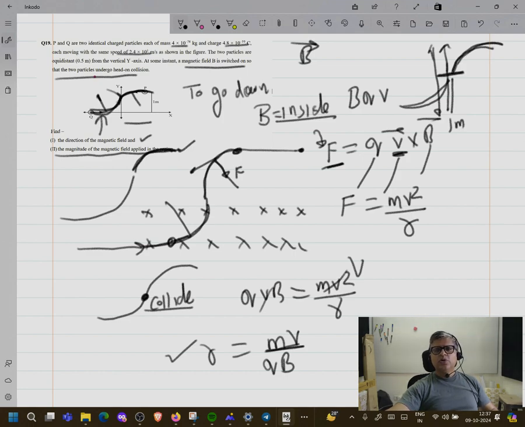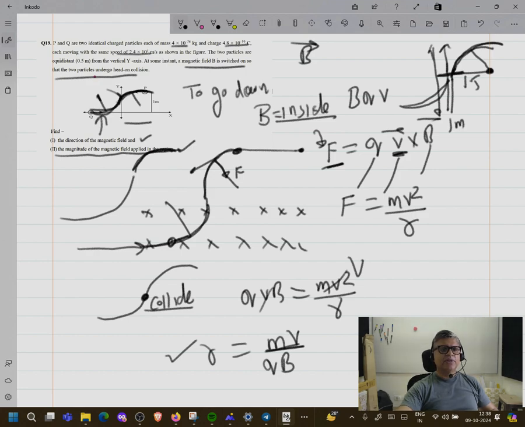So we know that if they collide in the middle, the radius we are talking about, if this is the center and this is where they collide, is how much? It will collide like this.